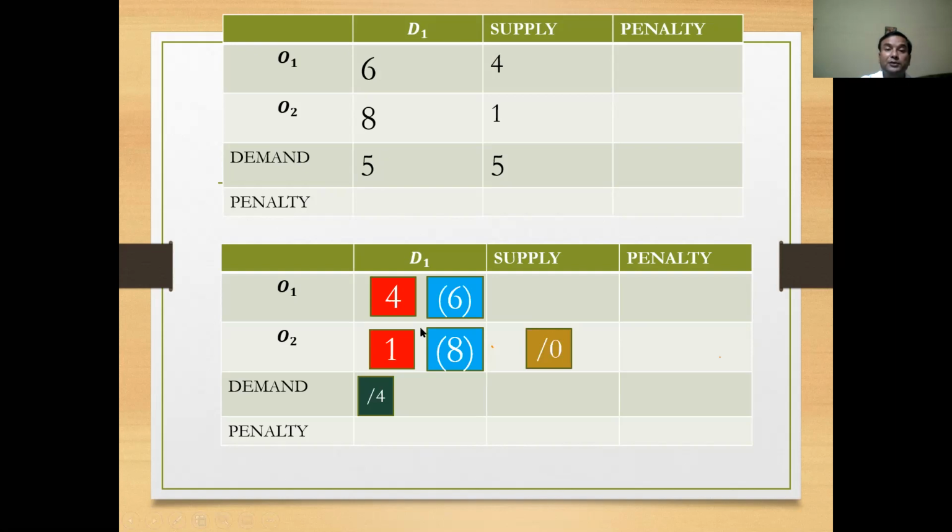After providing 4 items, the demand of destination 1 becomes 1, and we can give this 1 item to this 8, and in this way we have seen the total demand has become 0, and total supply has also become 0. By this way we have come to the end of these steps.